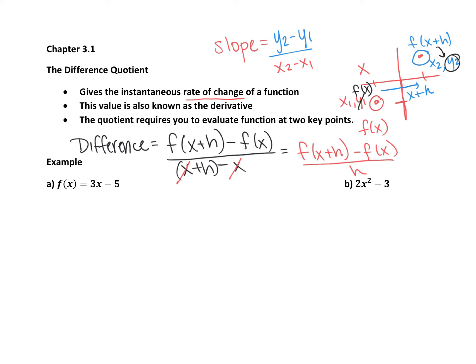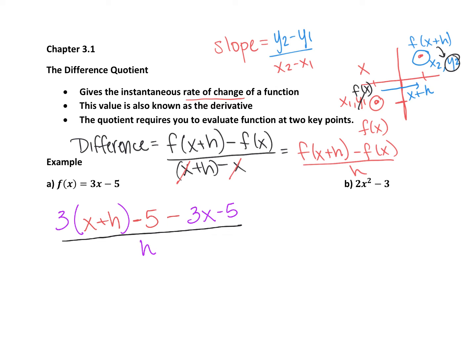So we have 3 times x plus h minus 5. And then we do the next part, which is minus f of x. Well, that's the original function, which is just 3x minus 5. I'm going to divide this by h.